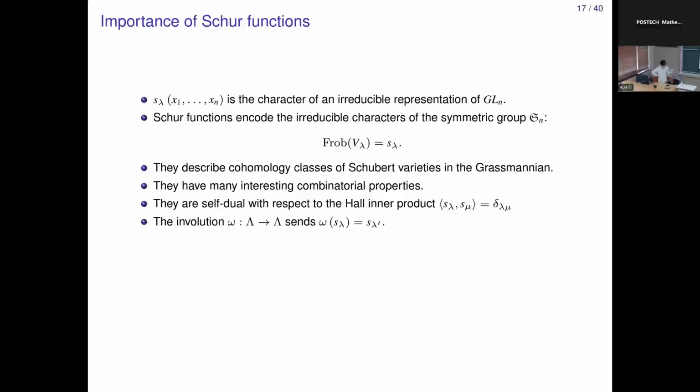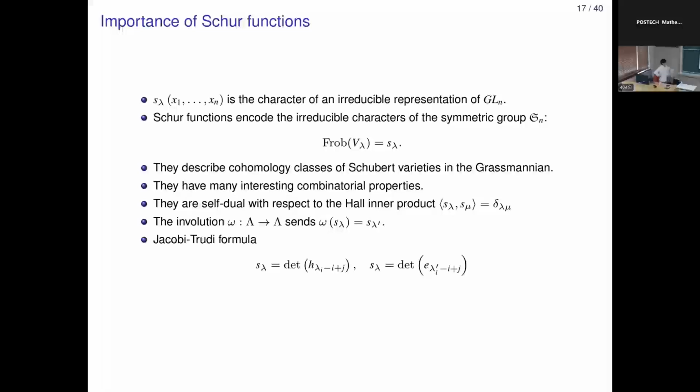Also there is an involution usually denoted by omega, and this omega involution sends a Schur function to another Schur function. The only difference is that you take the transpose. Very nice properties. And because a Schur function is a symmetric function, there must be a way to express it in terms of homogeneous symmetric functions or elementary symmetric functions. There are nice formulas like this, called the Jacobi-Trudi formulas.